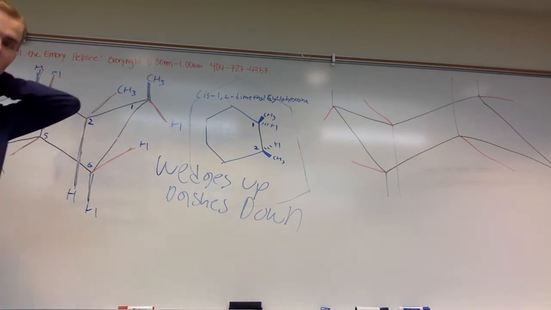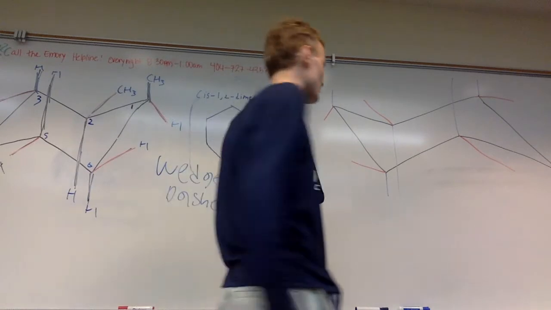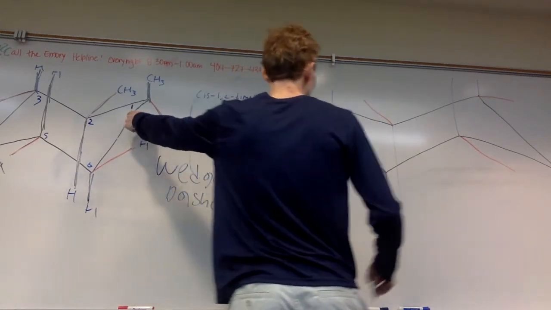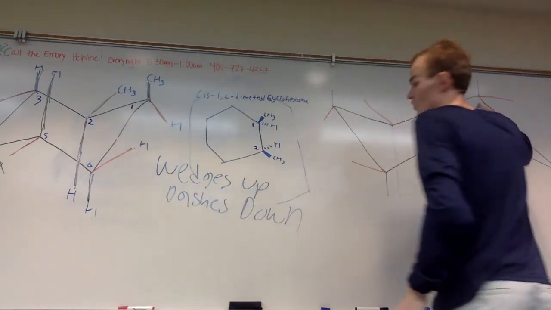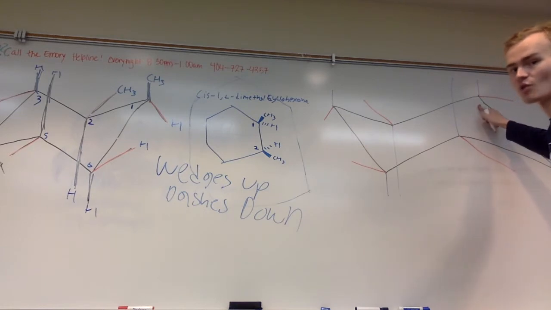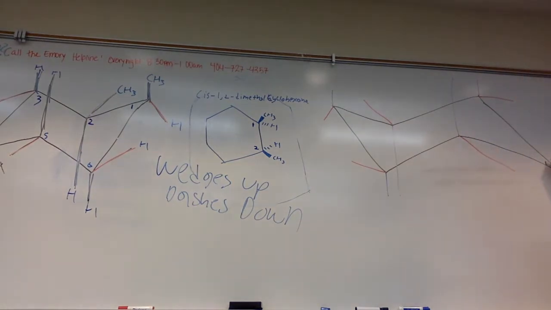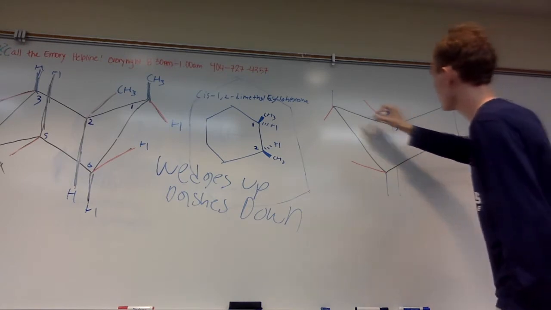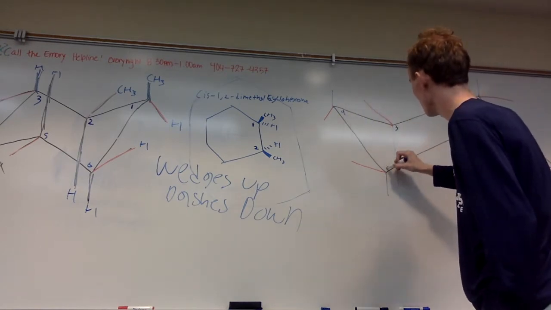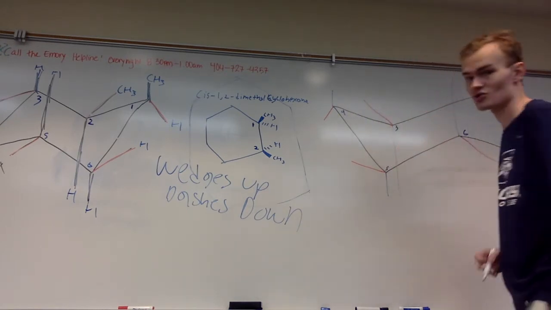Okay? And then for over here, so this was our 1. All right? So our 1 was right here. So our 1 is now going to be down here. Okay? So now we're going to have our 1 here. We're going to have our 2 here. And then we're going to have 3, 4, 5, 6.